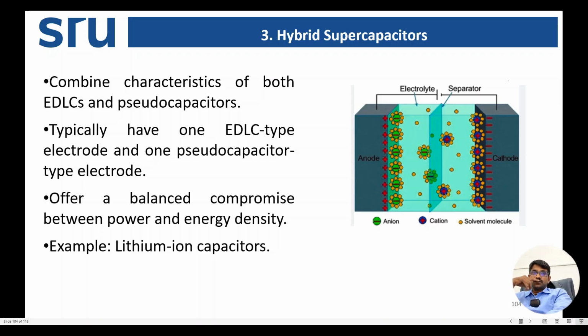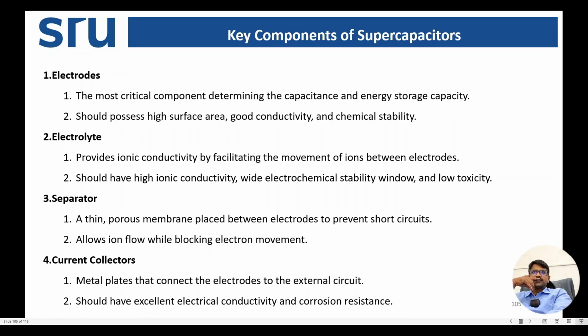The power part is taken care of by the carbon based material, and the energy storage part by the metal oxide. That's why it is a balanced approach between power and energy. Examples: lithium ion capacitors.